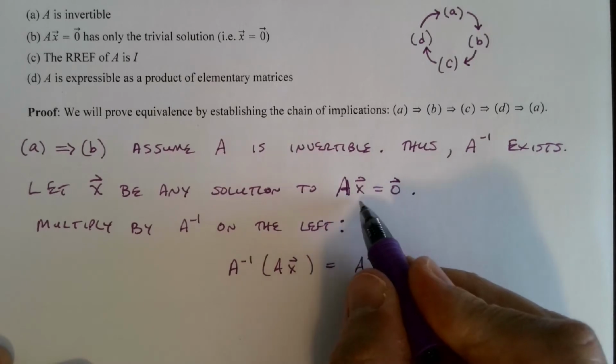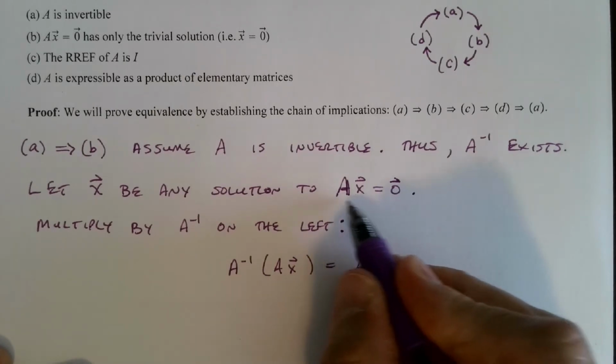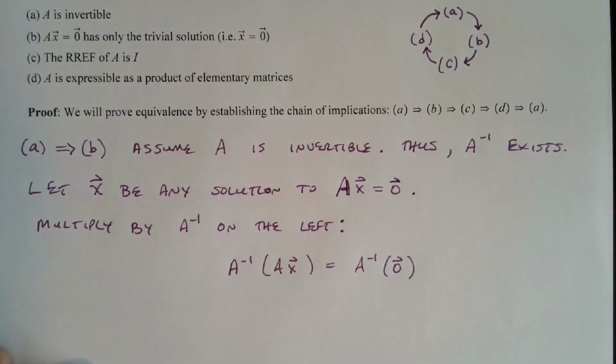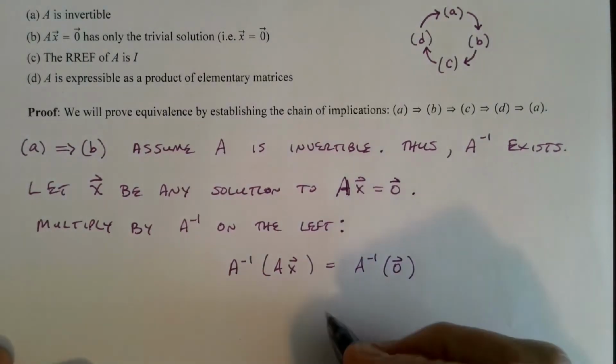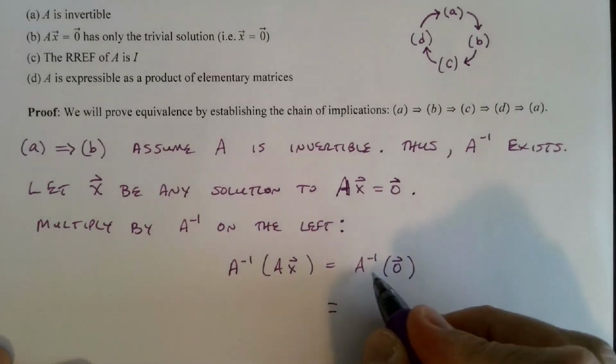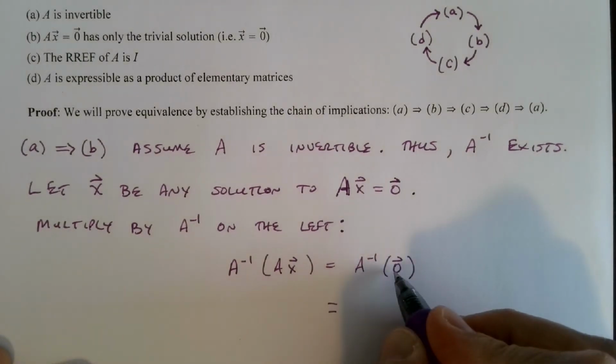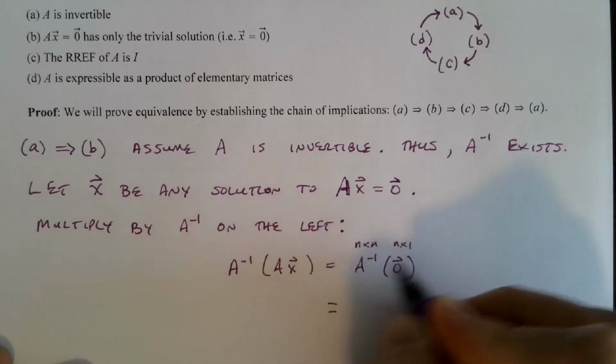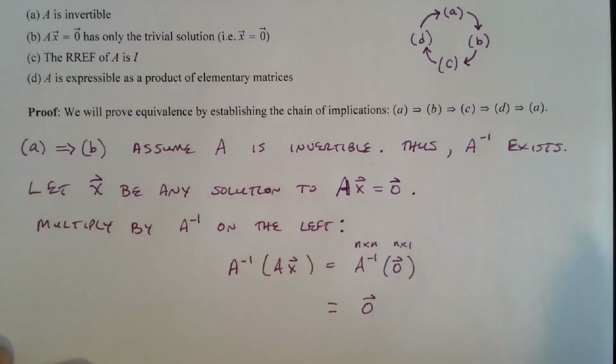A is n by n times n by 1, which is n by 1. And so A inverse is n by n, and I can do that multiplication. Of course, over here, I can do this multiplication, and A inverse times the 0 vector: this is n by n, this is n by 1, so I get the n by 1 0 vector. Right?